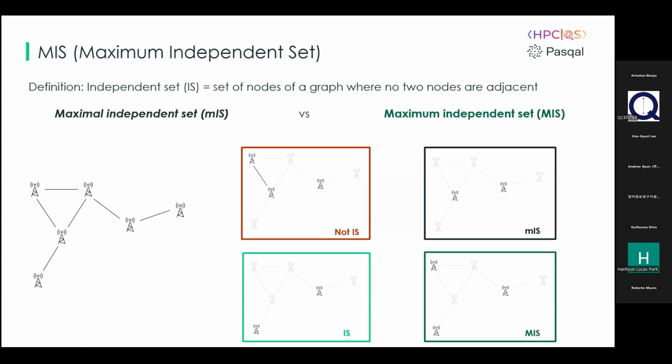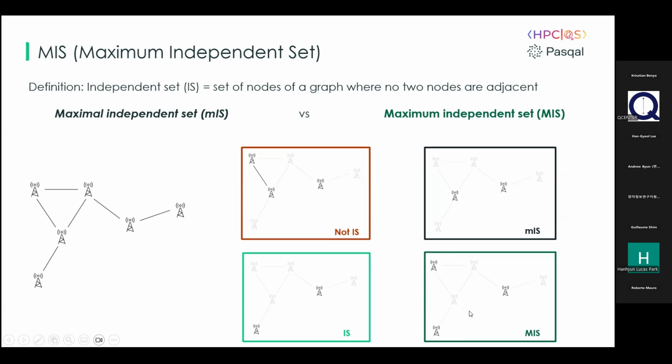On the contrary, a maximum independent set refers to an independent set selection that has the largest number of nodes possible for the selection. An example for this is in the bottom right section of the screen. So we have 3 nodes and pairwise, there is no edge running in between the 3 nodes.